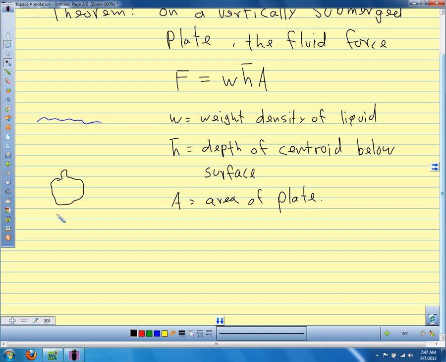And it has an area A. And our centroid is somewhere in this region. And we're going to say that's H bar, and this is the centroid.